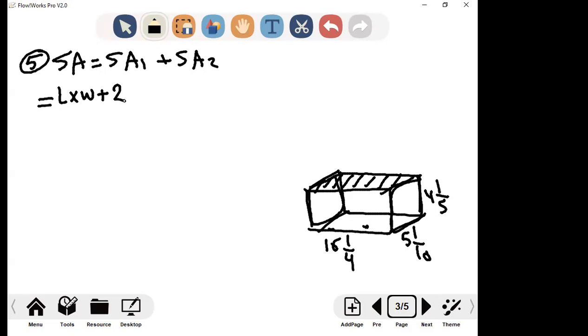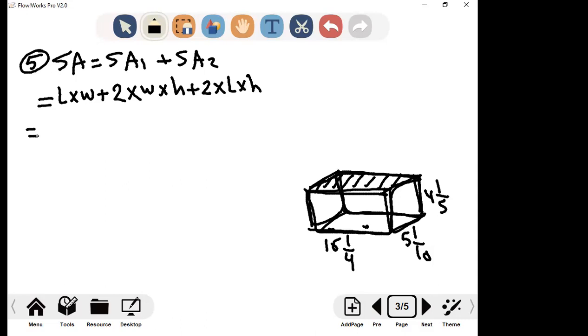Because both are included. 2 multiply width, which is 5 and 1 over 10, multiply the height, plus the one in front and the one on the back, 2 multiply the length by height. After a while, I will add the upper one, don't worry.